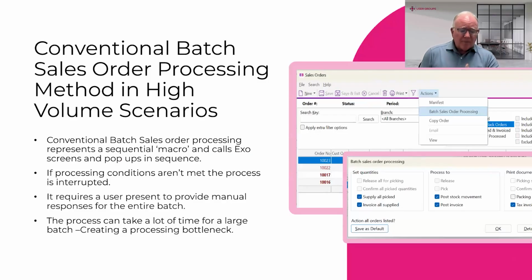So an example is the conventional batch sales order processing method, which becomes a little bit untenable when you've got larger volumes going through every day. It's also quite complicated because it gives you an awful lot of options as to what you want to do. And people do get confused with the supply screen and which options they should tick each time, even though over the years that's become quite set up as a default.